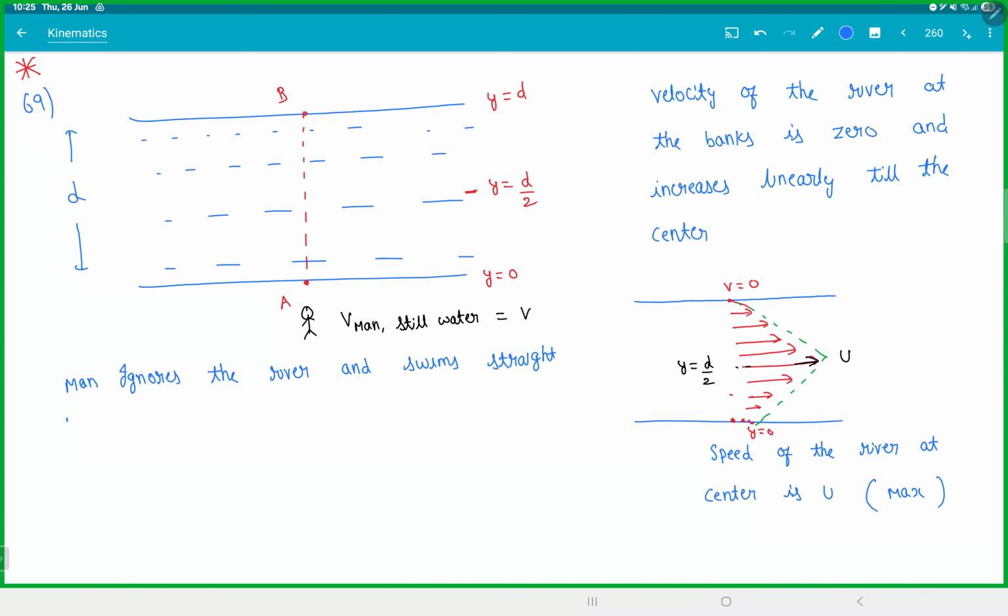Meaning he's always looking front. But then I know because of the river, what will happen? It will drag him out. Man ignores the river and swims straight with speed V.